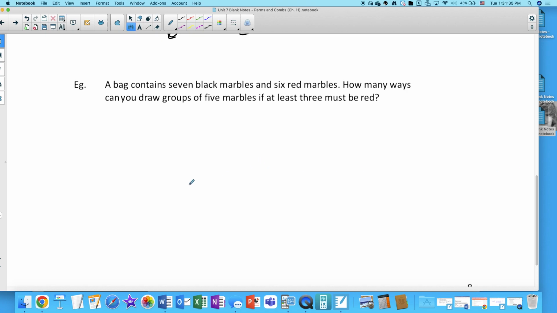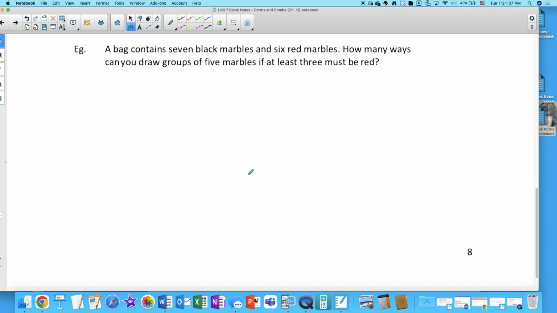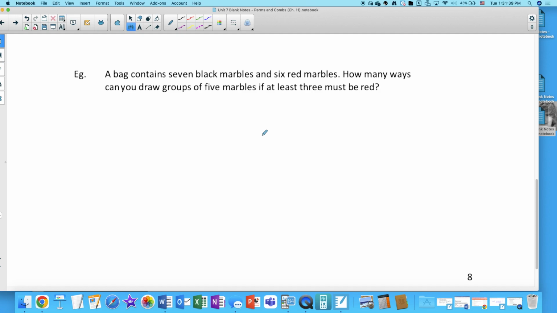A bag. We're going to stop here for today. A bag contains 7 black marbles and 6 red marbles. How many ways can you draw groups of 5 marbles if at least 3 must be red? Okay, at least 3 must be red. Yeah, 3 cases.